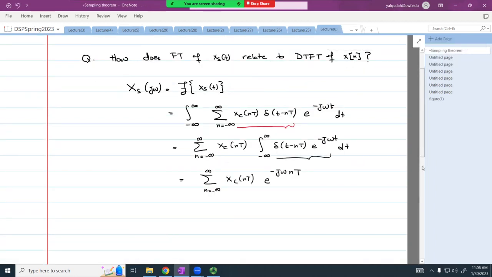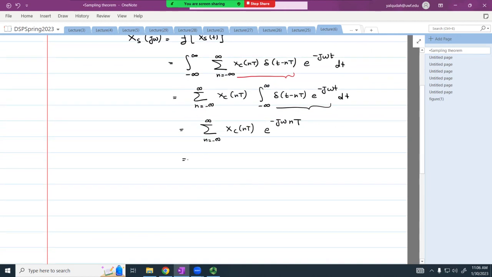Okay, now we can write this also as the following: the summation from n equals negative infinity to infinity, x_c(nT) is nothing other than x[n]. And if I substitute for ω multiplied by T, I can write this as e^(−jωn). Is it clear what we've done?